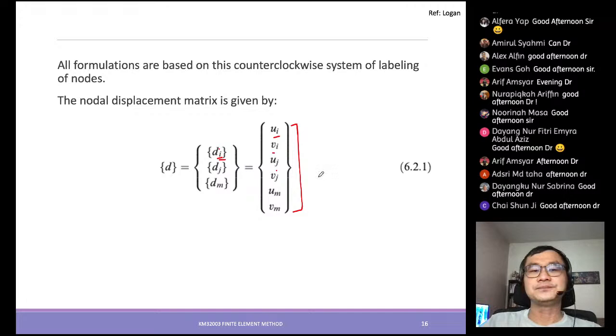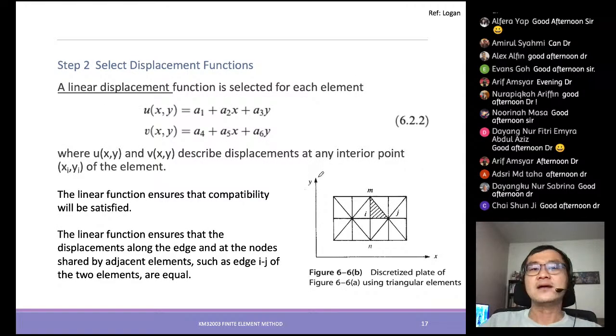Moving from there, in order to express the linear displacement: previously in the beam elements we only considered either x or y, but now it involves both directions, u and v, and this u and v also depend on the x and y coordinates.